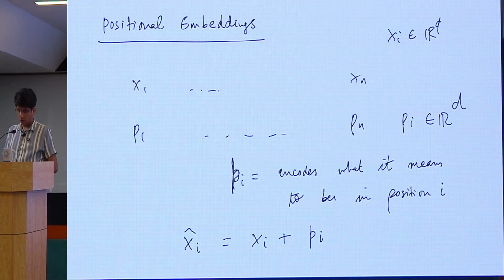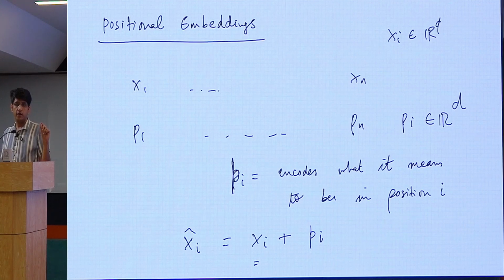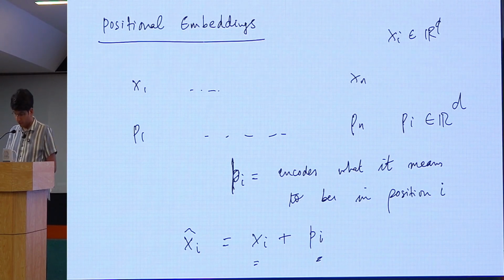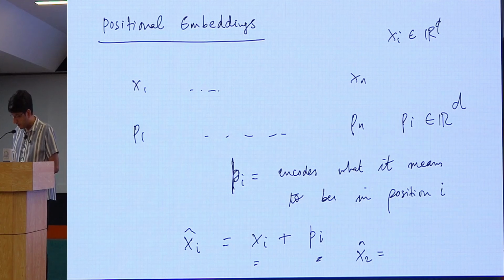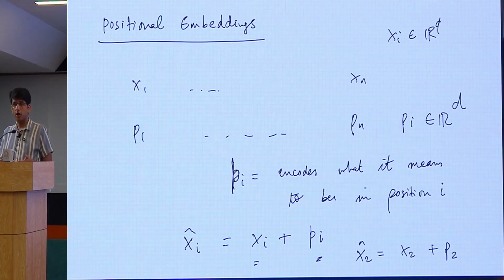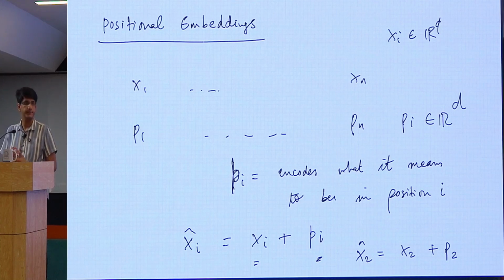So your initial embedding of the word student will be slightly different if it is in the second position versus the 10th position, because to x2 you are adding p2. p2 is also a vector that is random to begin with but will be trained as a part of the network.